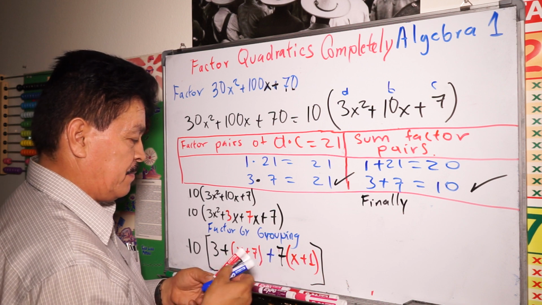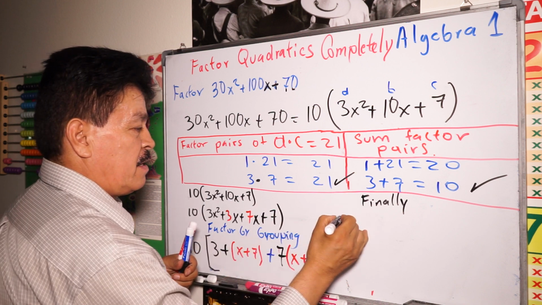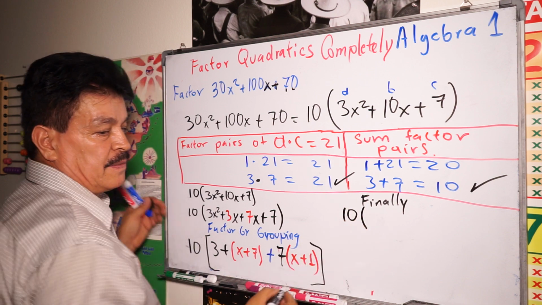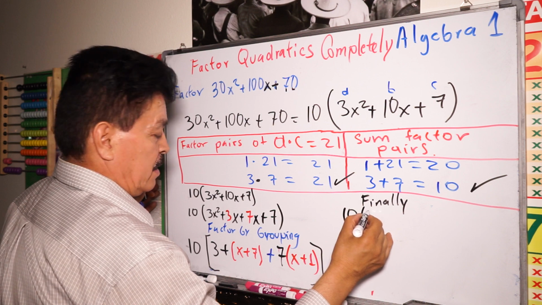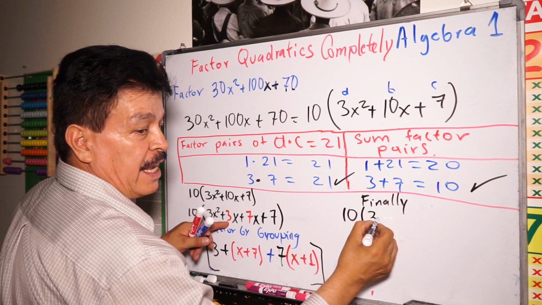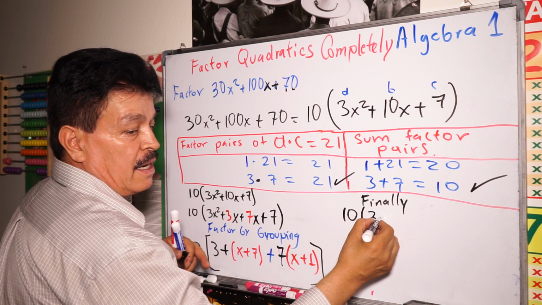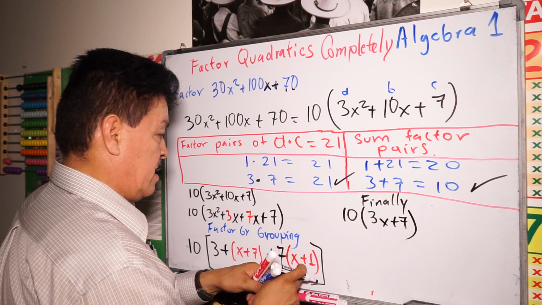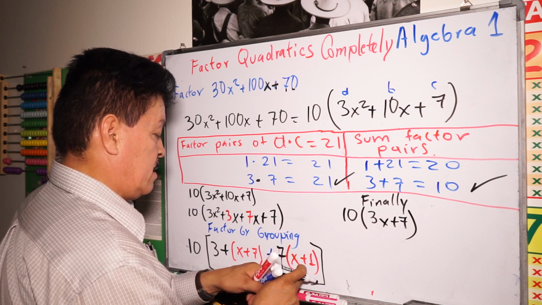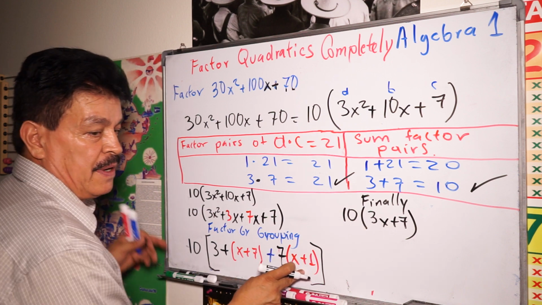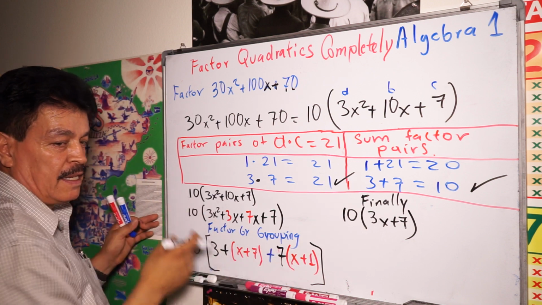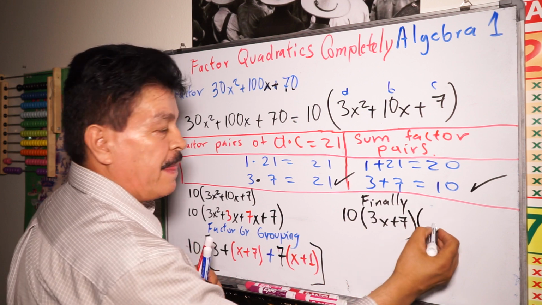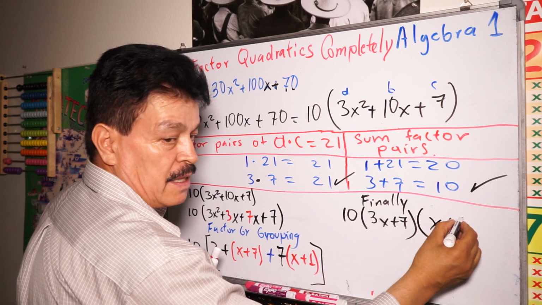Just write 10 times 3x plus 7 times x plus 1.